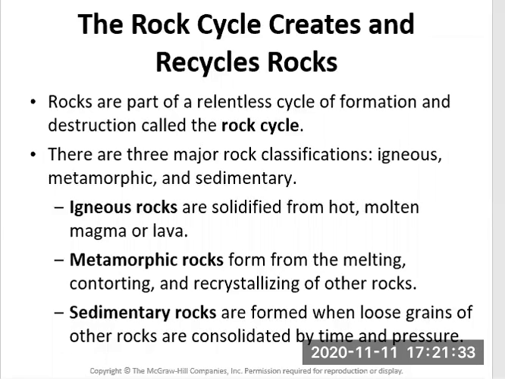There are three major rock classifications. You might have read about those: igneous rocks, metamorphic rocks, and sedimentary rocks. Rocks are part of a relentless cycle of formation and destruction, called the rock cycle. Igneous rocks solidify from hot molten magma, or lava.